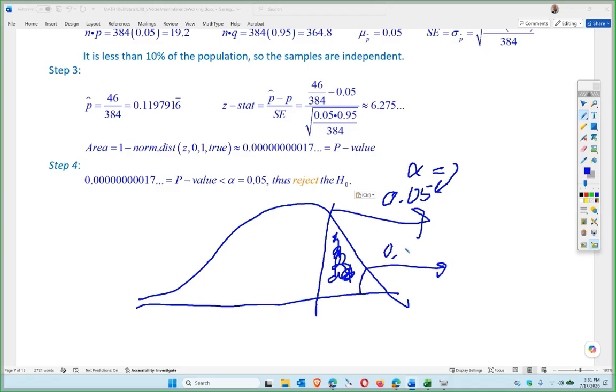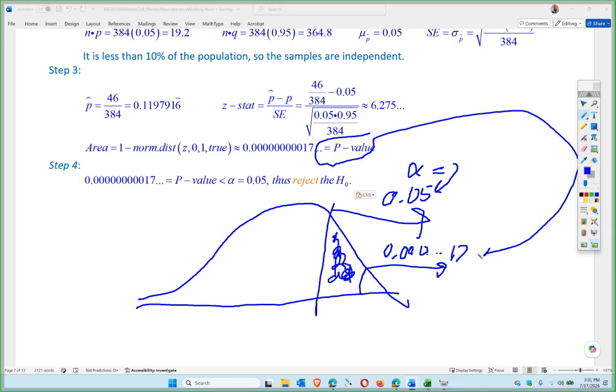This is 0.000 dot dot dot 175, wherever it was, which is this p-value here. Which is much smaller, which means it's in that area, because this is my z asterisk and this is my z stat.